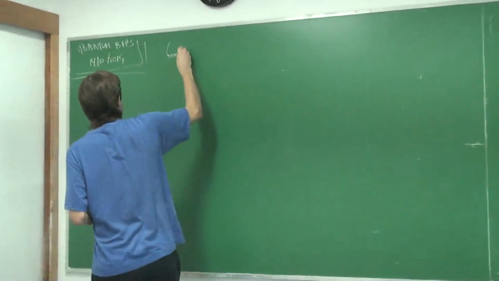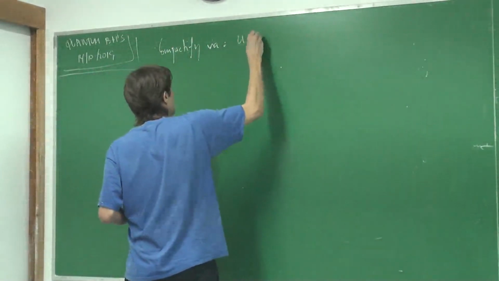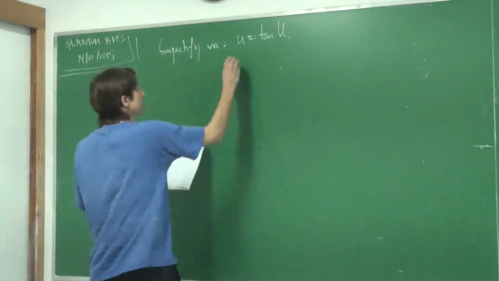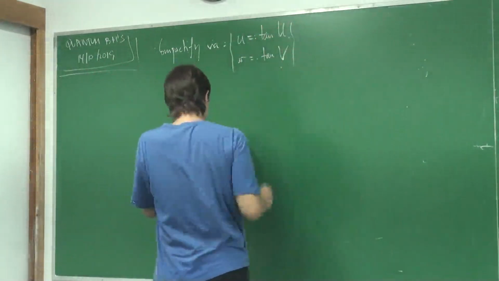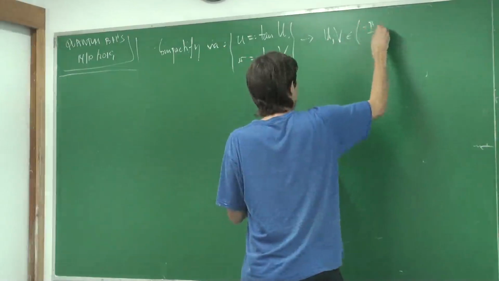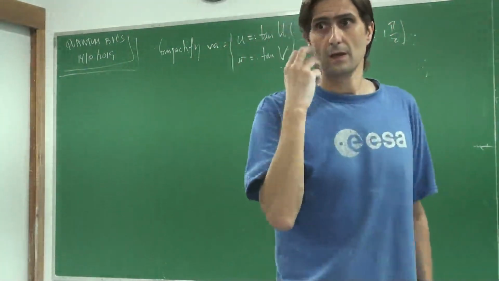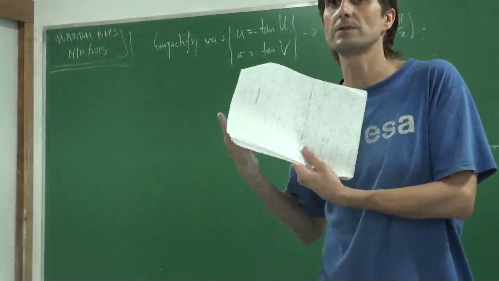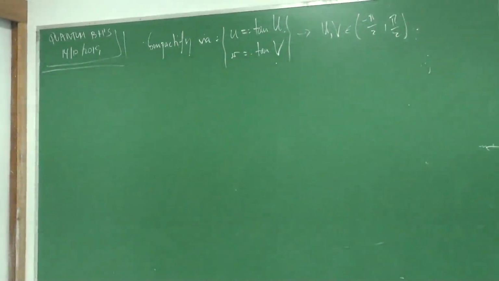So you compactify by defining some capital U and capital V in this way, and then capital U and capital V range over this finite range. Minus pi over 2 and pi over 2 are not included because that would be u and v equals infinity, which is not a real number, it's not a point in space-time.